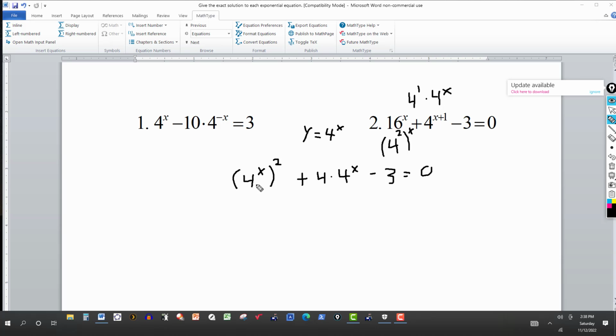So again, y squared plus 4y minus 3 equal to 0. So I would solve that equation for y. If it factors, I would use factoring. This one does not factor. So if it doesn't factor, one option is to use the quadratic formula. I would use the quadratic formula, solve for y, and then where I have the y, I would replace it by 4 to the x.